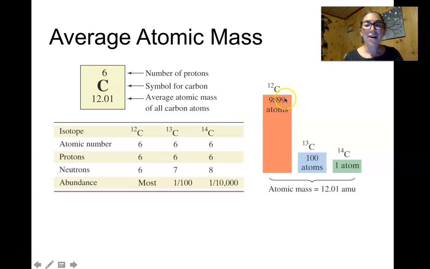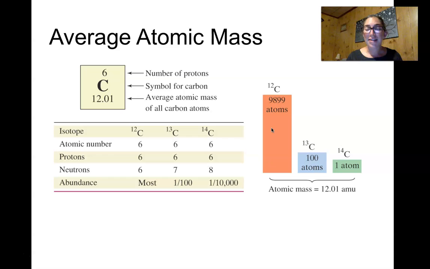In reality, although there's 3 different isotopes of carbon, they exist in very different abundance. Carbon-12 is by far the most abundant of these different isotopes, with a little bit of carbon-13 and a sprinkling of carbon-14. And so when we do a weighted average, it comes out very close to 12, because 12 is the most abundant of the isotopes. So 12.011 is what you see on the periodic table.